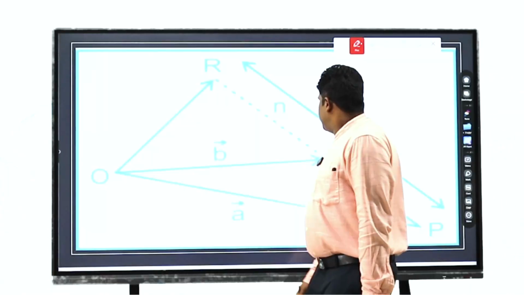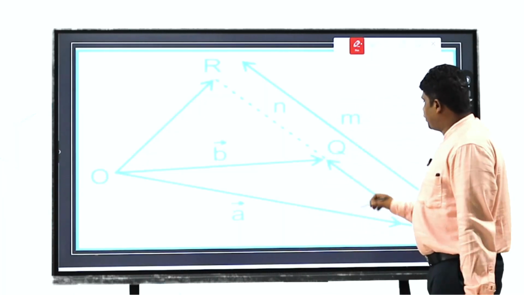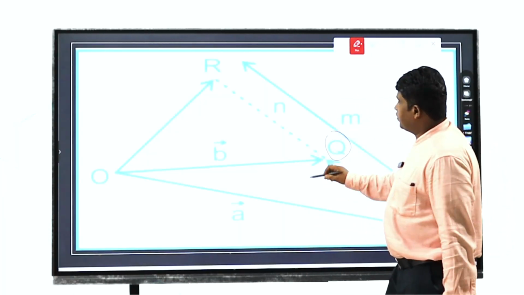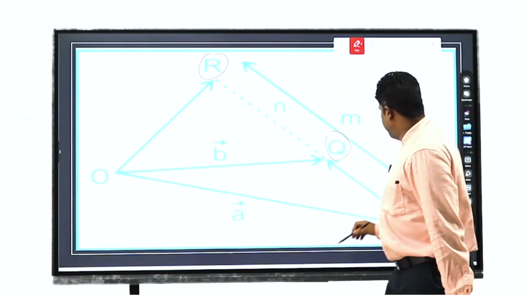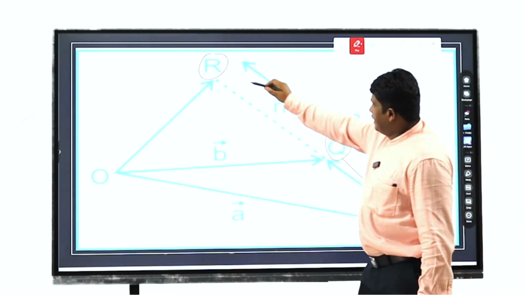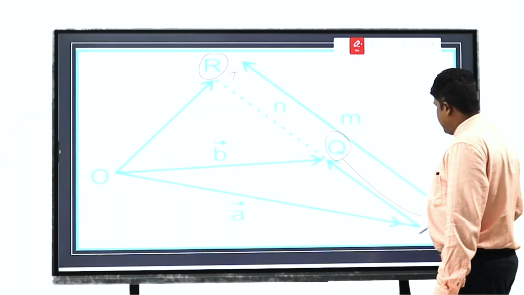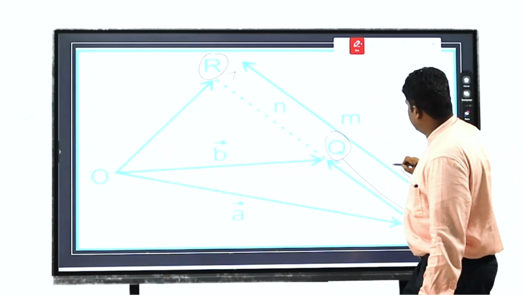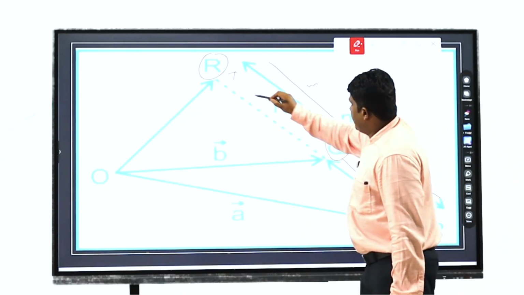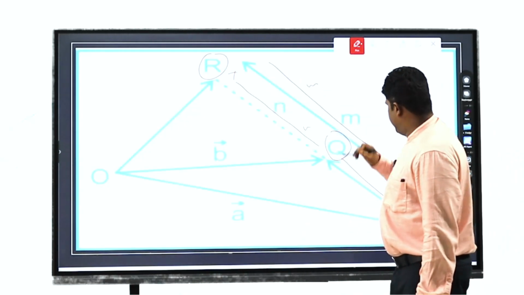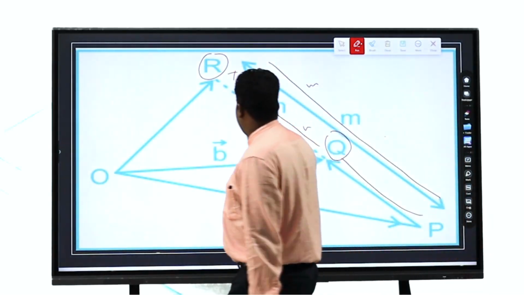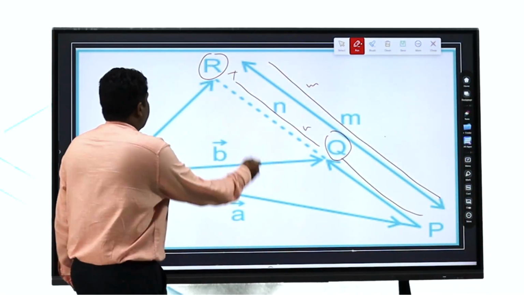Okay, if the point R divides PQ externally, then the length PR is M and RQ is equal to N. Then what is the position vector of R?